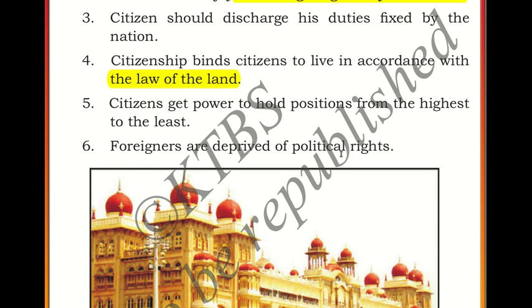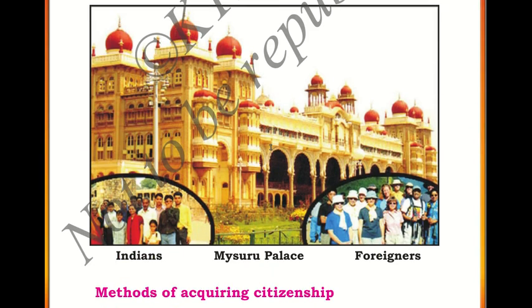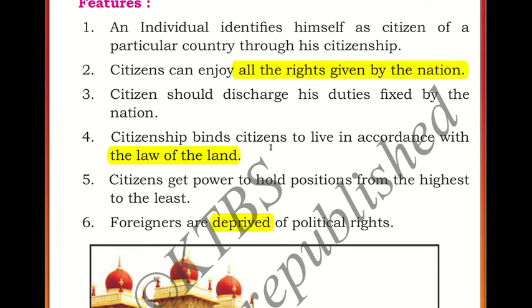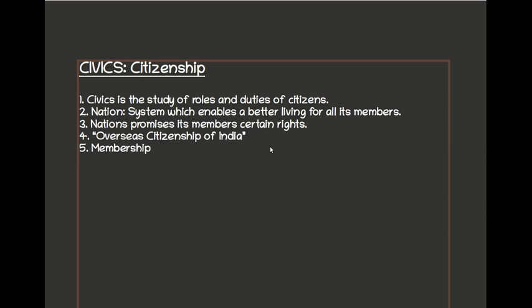So given any country, the first preference to hold any power in administration is always given to the citizens of that country, and foreigners are deprived. Deprived means they are not given such political rights. A foreigner cannot vote in elections in India, only citizens have that right. Okay? Now, let us try to summarize what we have learned in features.